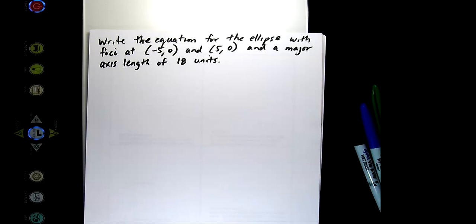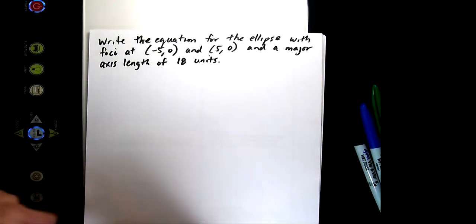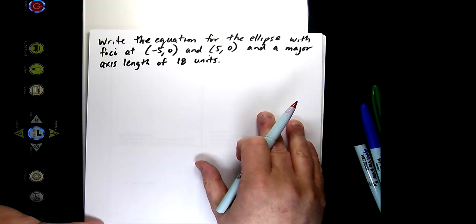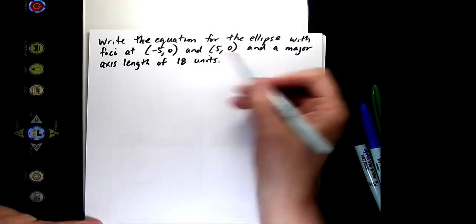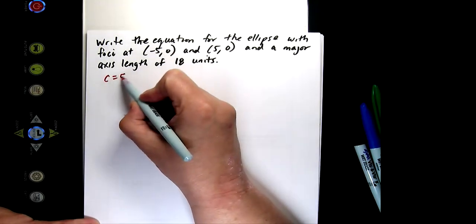If you just look at it, equal to the absolute value of a squared minus b squared, which means this is C. These give us C. C has to equal 5.